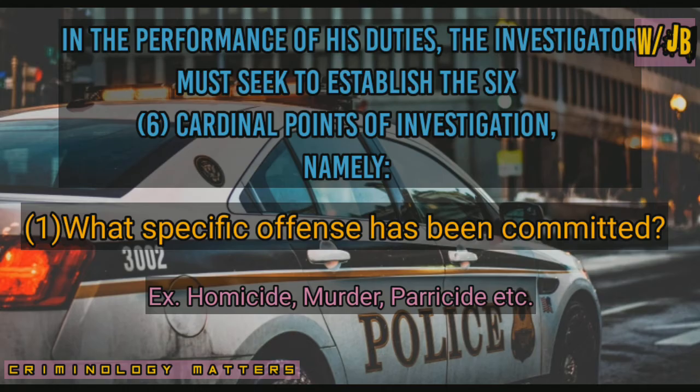So things like that, for example, the criminal investigator filed a case of homicide, then it appears that the crime that has been committed technically is a crime of murder or a crime of parricide. So this can be a technical issue that will make the prosecution of the case go slower. So there might be some delay. Worst case scenario, the case will be dismissed and justice will not be given to the victim. So those are the things that we are trying to avoid by carefully identifying what crime has been committed.